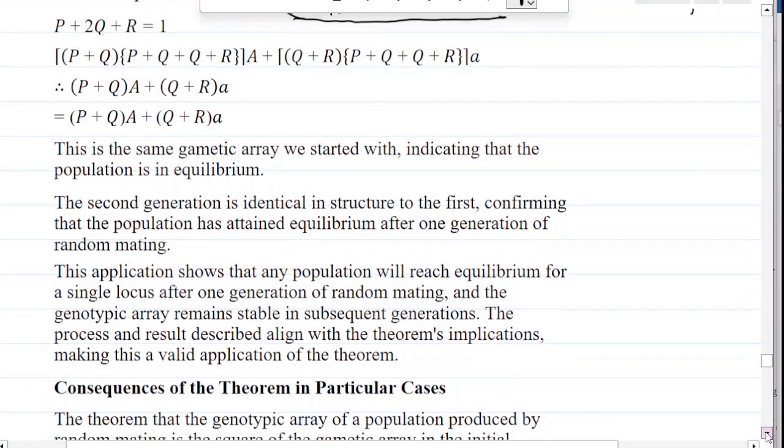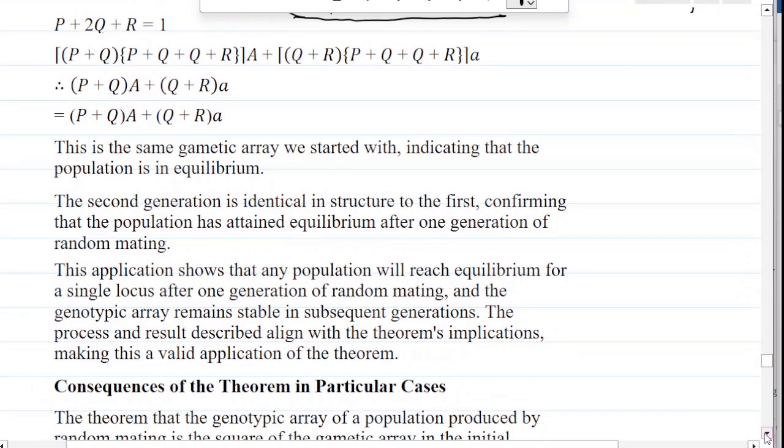And this application shows that any population will reach equilibrium for a single locus after one generation of random mating, and the genotypic array remains stable in subsequent generations also. The process and result described align with the theorem's implication, making this a valid application of the theorem.